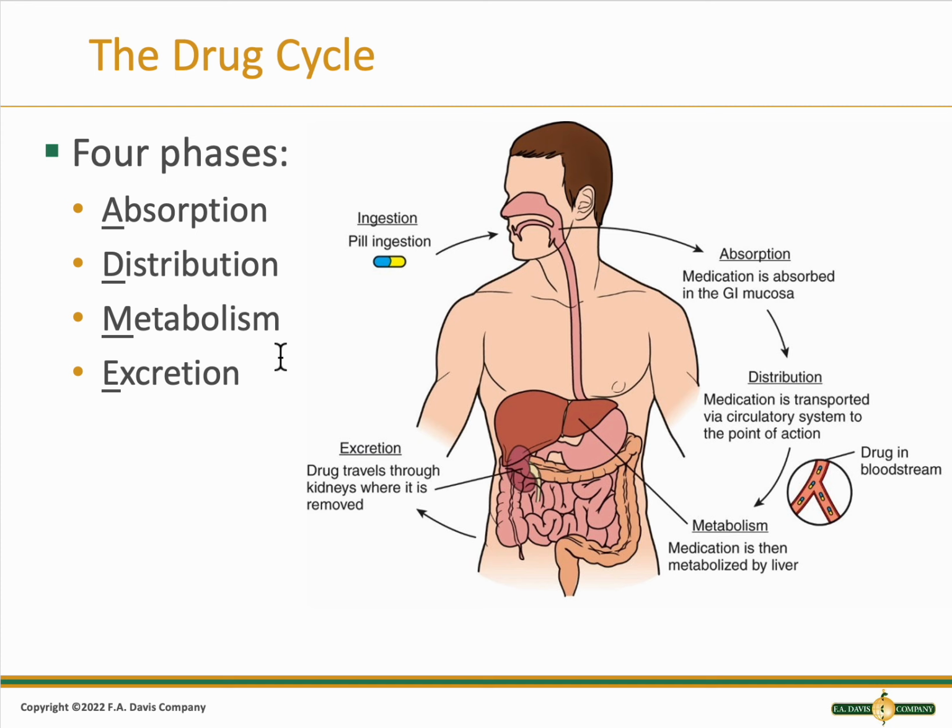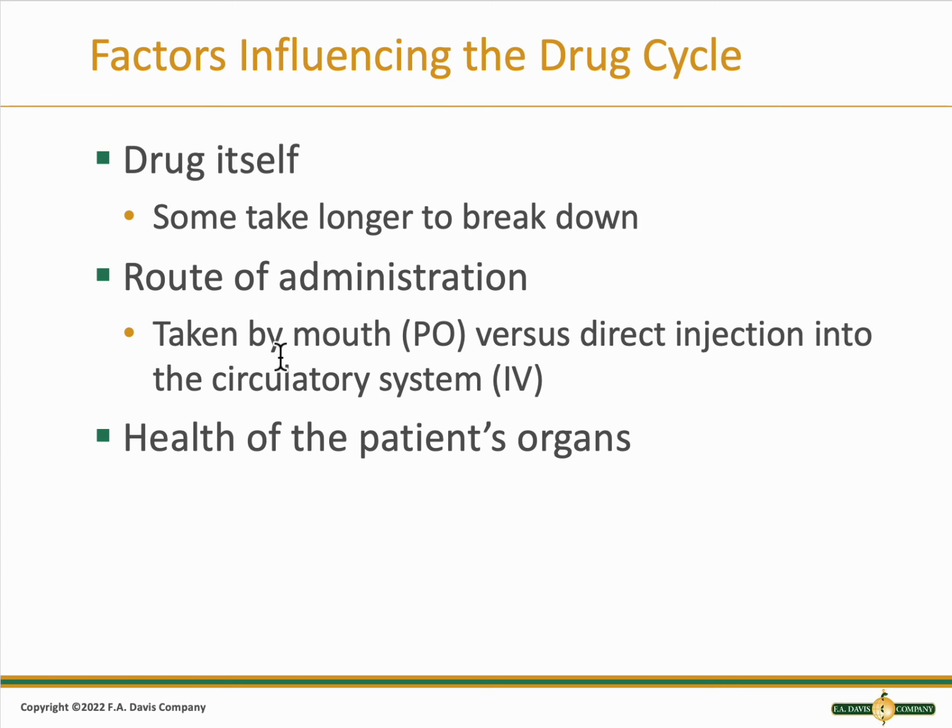It's also a lot easier to give a person a drug by mouth. Imagine people who are on 10, 15 drugs, and imagine if they were all IV. We'd have to give them 15 injections IV every day, right? That doesn't make sense.